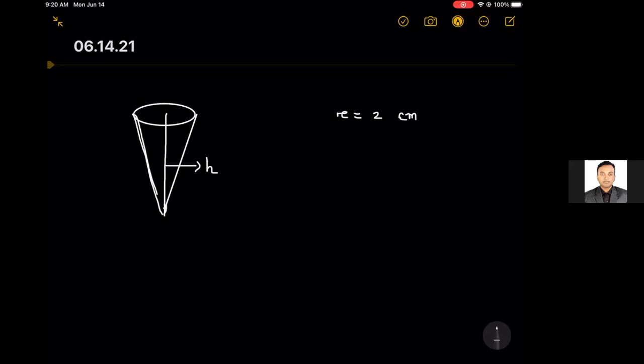Okay, and the rate of change of the height, let's say it's 5 centimeter per hour.